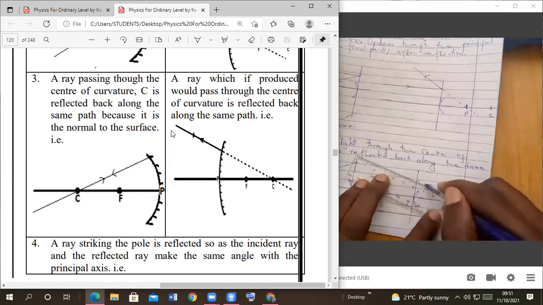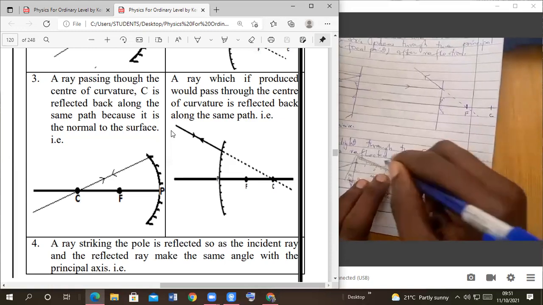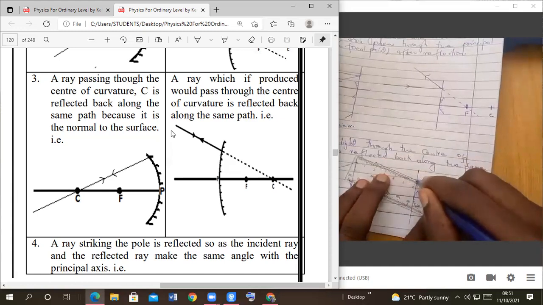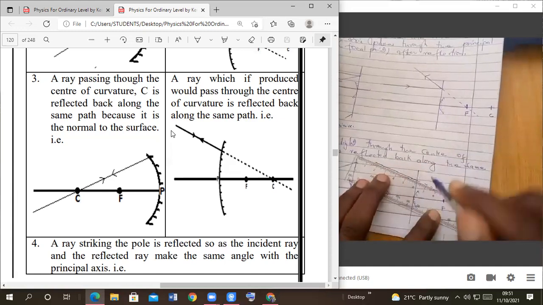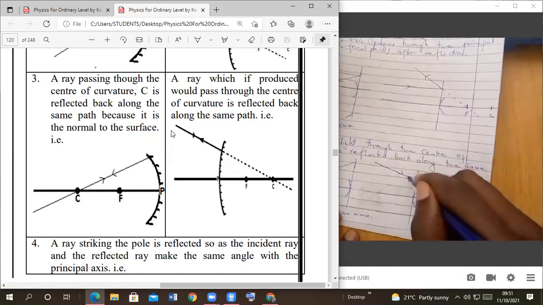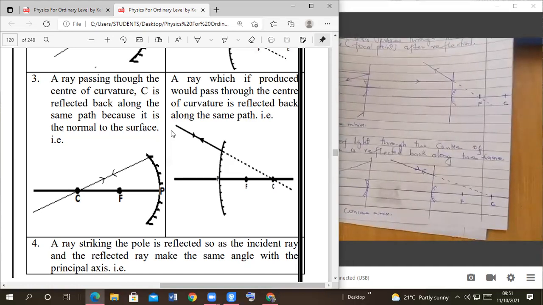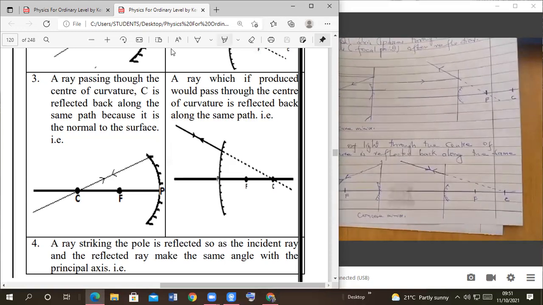I told you from here for convex, from this side is imaginary. Then when you come here is now a real one, because you can see it. So it will still be reflected back along the same path. Like that. That's how we draw it. Have you put it down, members? Not yet. Okay.